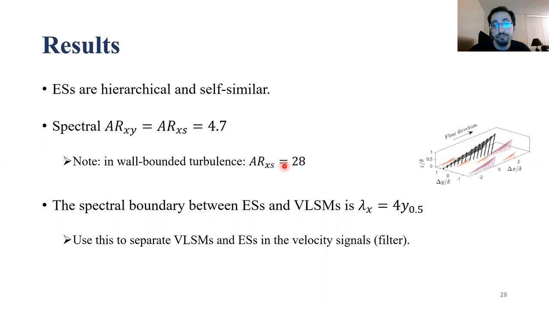A single eddy is not too long, so when we have a single eddy or a couple of eddies, the aspect ratio becomes small. But when we have a large number of eddies, the aspect ratio can be large. So 28 is pretty large for a single eddy. It shows that we have to have a large number of eddies to create such a long structure, if that makes sense.